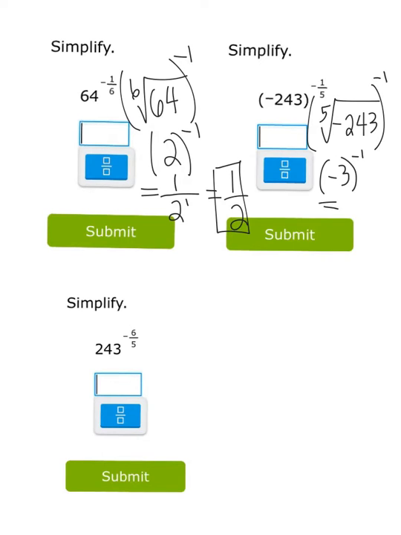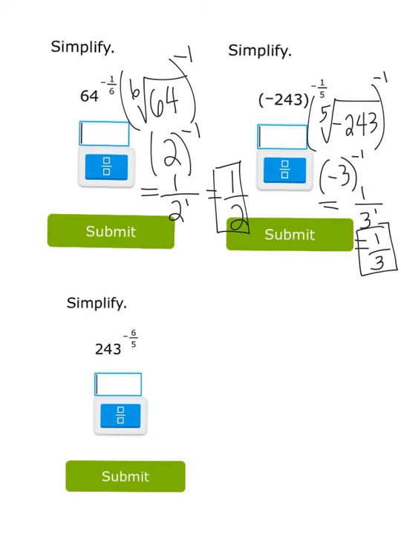If you are struggling with negative exponents, don't be afraid to check yourself in the calculator, okay? You could type in negative 3 to the negative first power. Just make sure you always put a negative in parentheses if you do need to check yourself. So I would write this as 1 over 3 to the positive 1, which would be the same thing as 1/3.